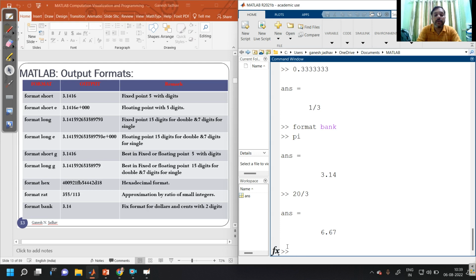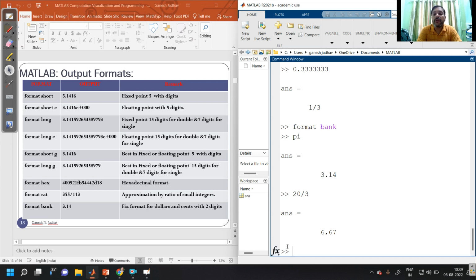This way we can decide in what format our output is required. If you require more precise output, you can go for format long. If you want correct values up to 4 decimal places, you can go for format short. If you want only 2 digits of accuracy, you can go for format bank. It depends on what output you require.